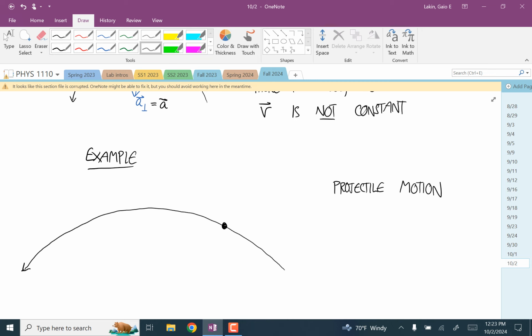Okay, so I'm going to draw something first. We know a lot about projectile motion. We've spent a lot of the class so far talking about projectile motion. So based on what we've been doing before we started thinking about 2D acceleration like this, what do we know is the acceleration of something in projectile motion? Yeah, right. And I'm just going to draw the direction, but it's just straight down, right?